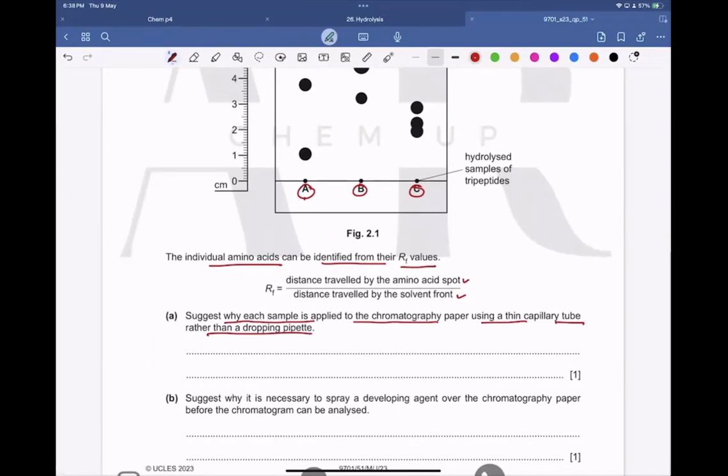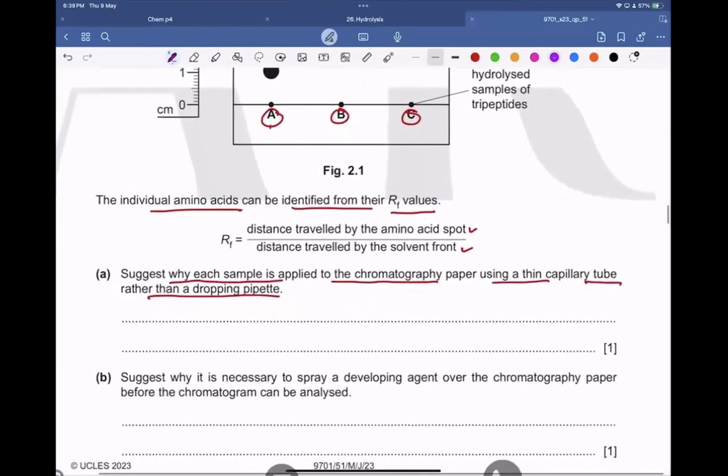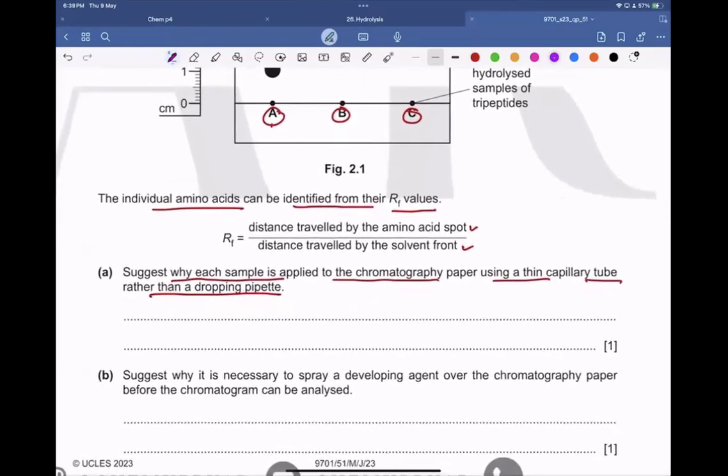It is used to control it. Otherwise, from a dropping pipette, you have to press it from the top, and as a result more of the liquid can be dropped and it will make the paper tear. So that's why we use the capillary tube instead of a dropping pipette, to control the application of a drop on the paper.